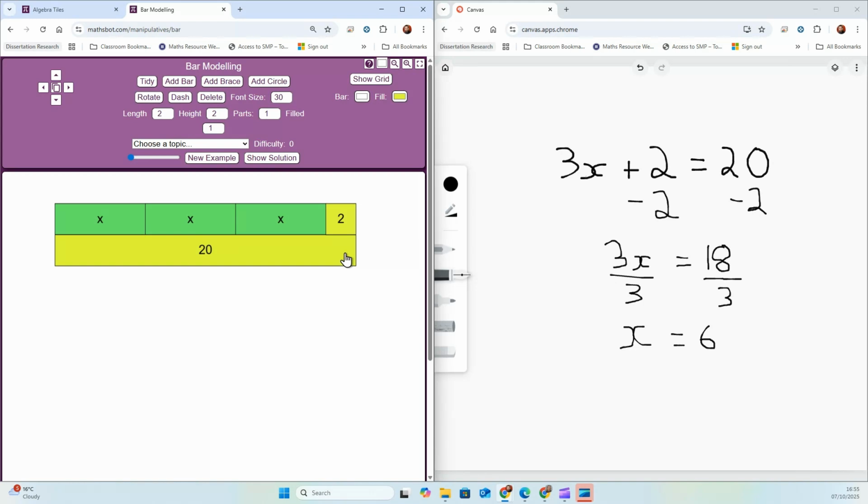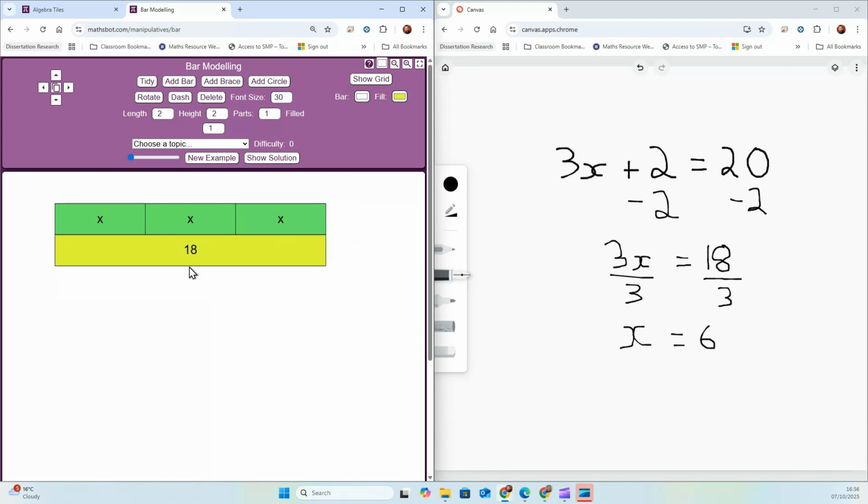Well, then if we look at this 20, if I shorten that down to 18, let's get rid of the 20 first. I can think of that 20 as 18 plus 2, or I can remove the 2 from both the top and the bottom line, and we can see the lines are still equal.